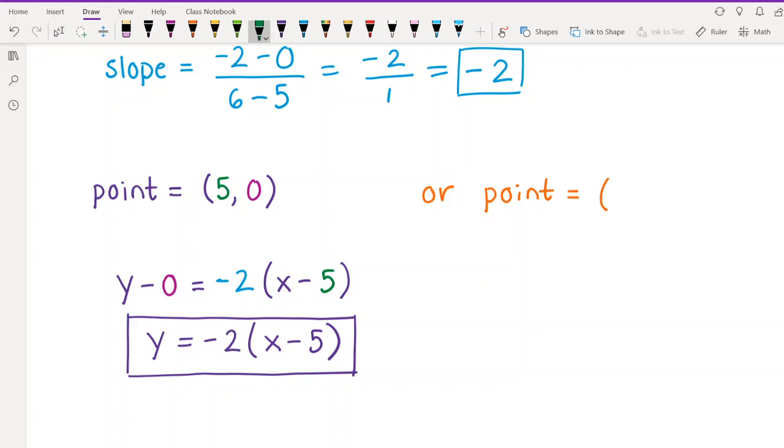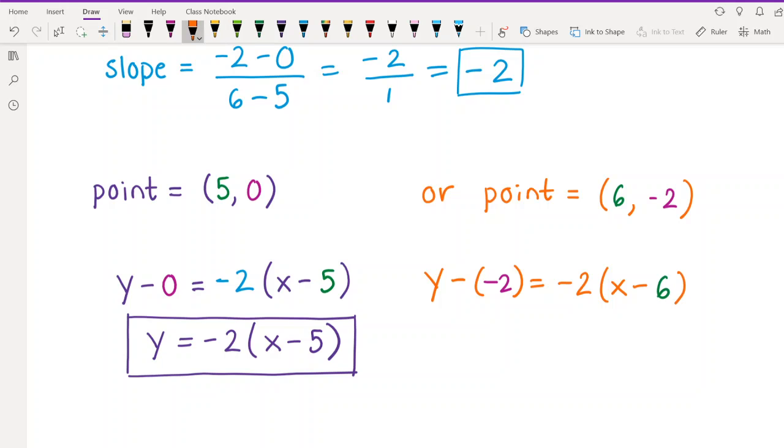So if we use the point (6, negative 2), we would get y minus negative 2 is equal to the slope. So the slope is still the same. The slope is still negative 2. And then we would have x minus 6.